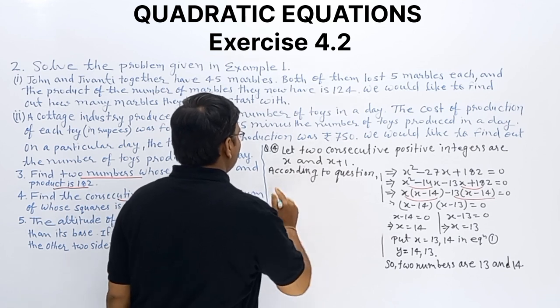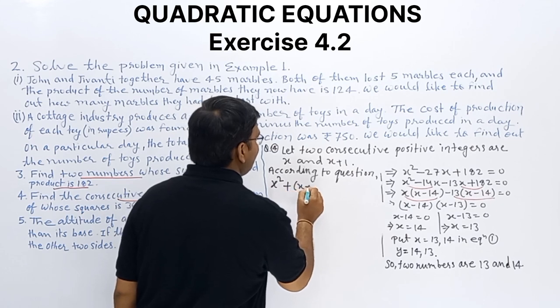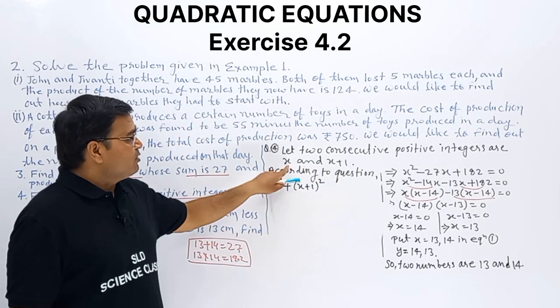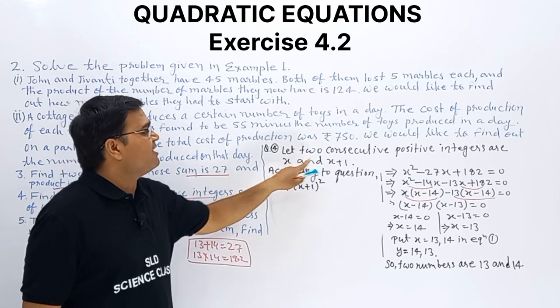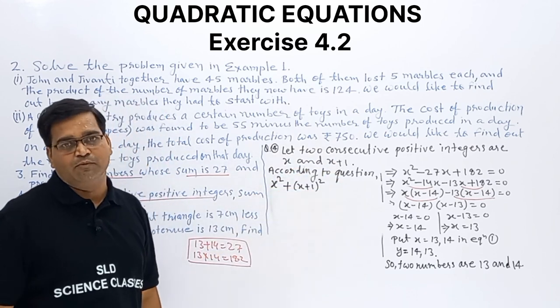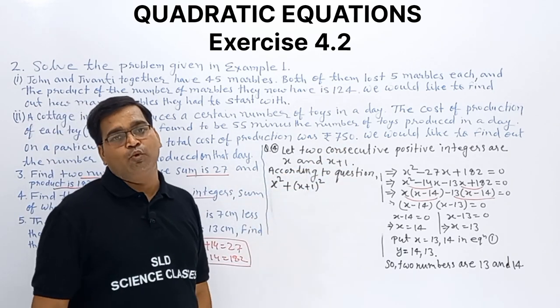Observe carefully. x square plus (x plus 1) square. Squares of these numbers, we are assuming two numbers x and x plus 1. Why are we assuming both? They are consecutive. Once x equals 1, x plus 1 will be what? 2. 1 and 2.